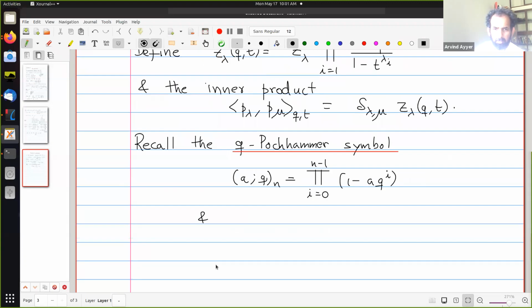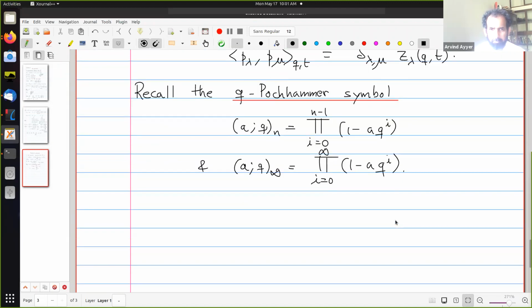And the infinite generalization, (a; q) infinity, is the product i equals 0 to infinity of the same thing. So this occurs naturally in many contexts.